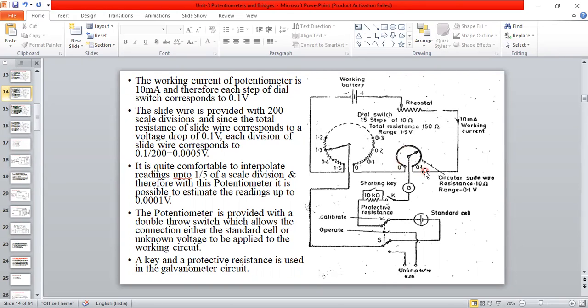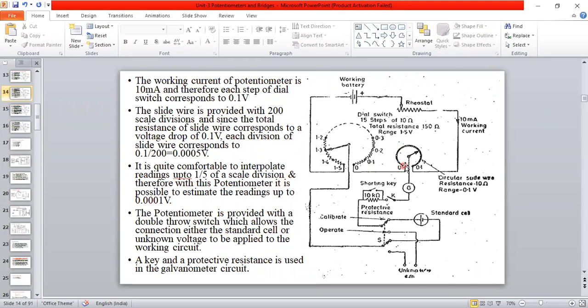So 0.1 divided by 200, how much will you get for each turn? 0.1 divided by 200 is nothing but 0.5 millivolt. 0.0005 volts is what we are going to call per turn here.